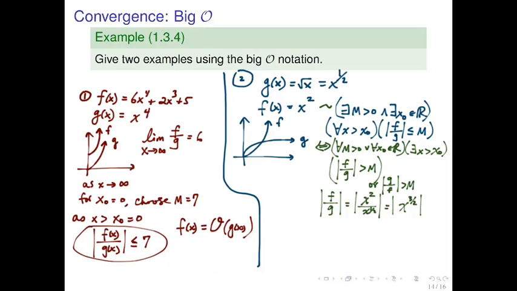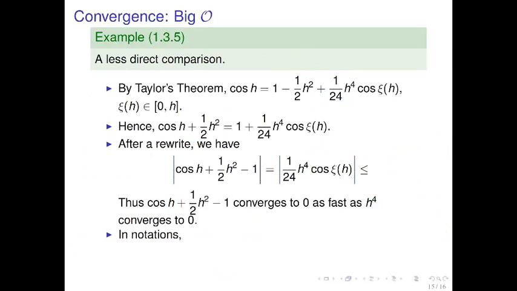Eventually, if x is big enough, this will always be greater than any positive real number that you choose. So this is saying that f of x is certainly not the same as g in terms of rate. Therefore, I can't say that it is in the big O of square root of x. So in notation, I would write f of x is not equal to big O of square root of x.